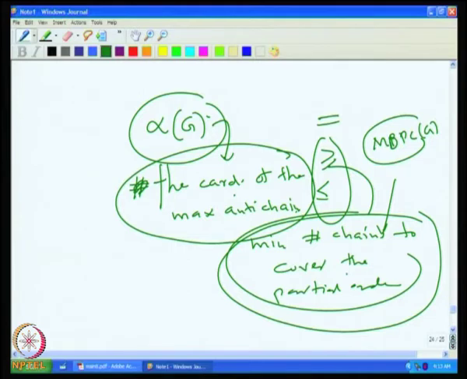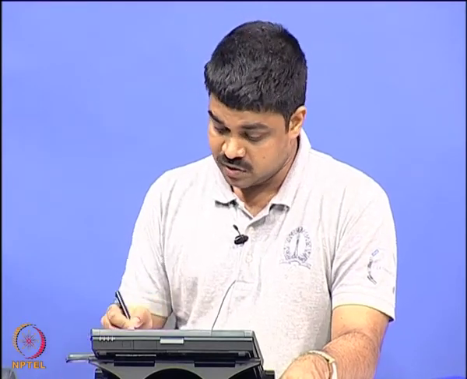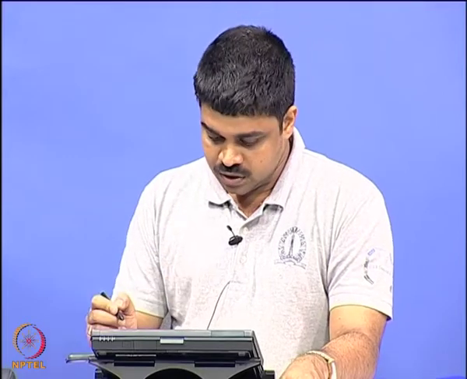So both inequalities hold, and from that we can infer that both are the same. Dilworth's theorem says that the minimum number of chains required to cover the partial order is equal to the maximum cardinality of an anti-chain in the partial order. So that is Dilworth's theorem.